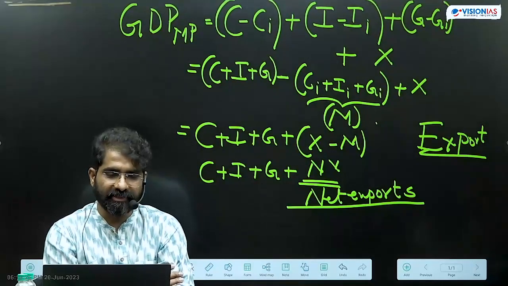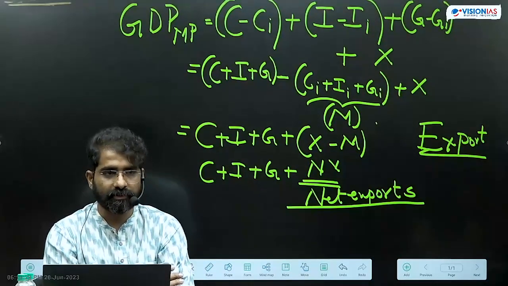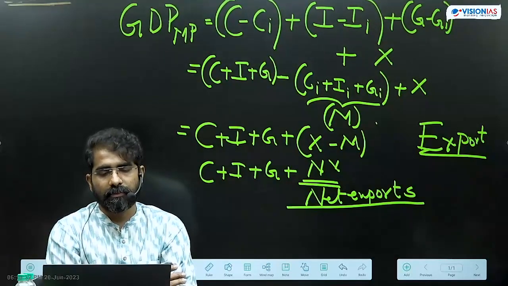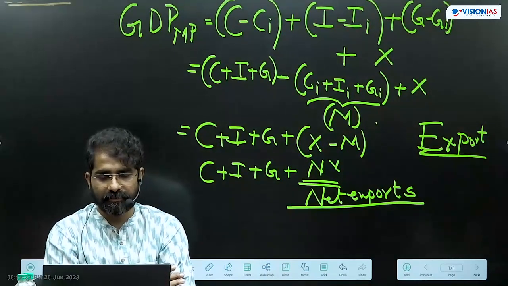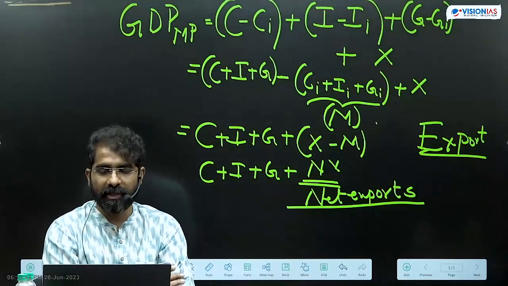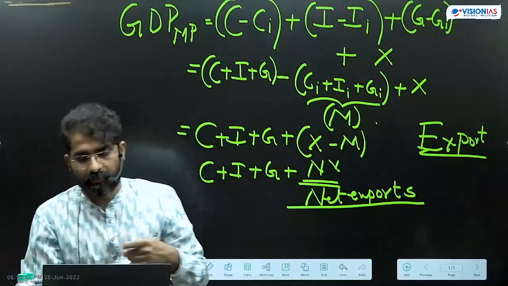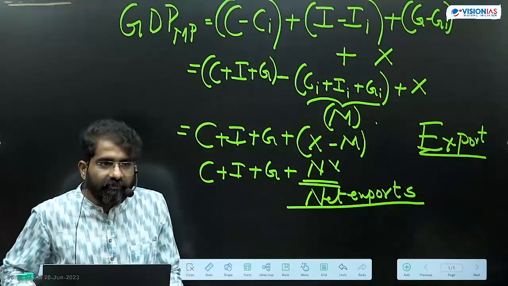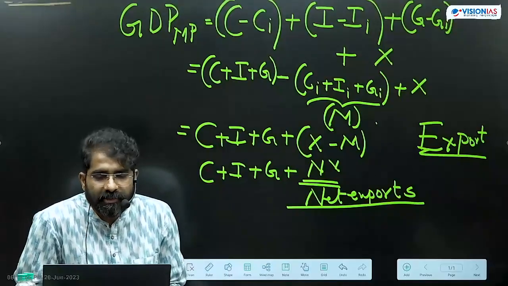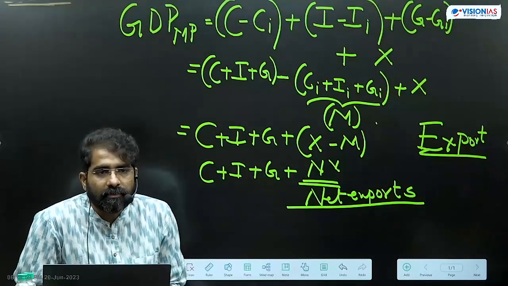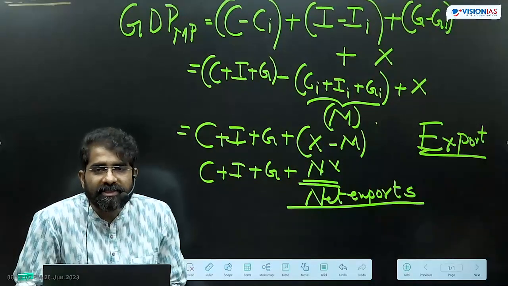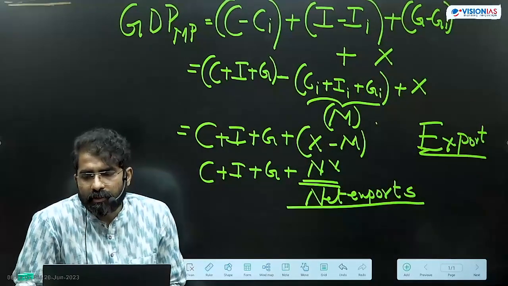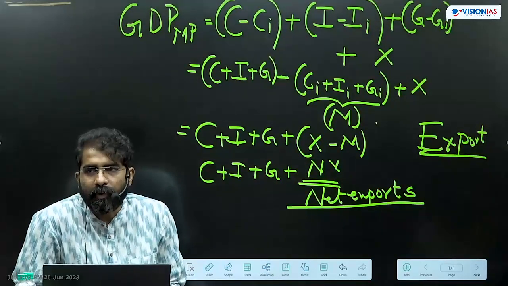Then 2, gross residential construction investments. These are expenses incurred by businesses for constructing residential units upon receiving tenders.